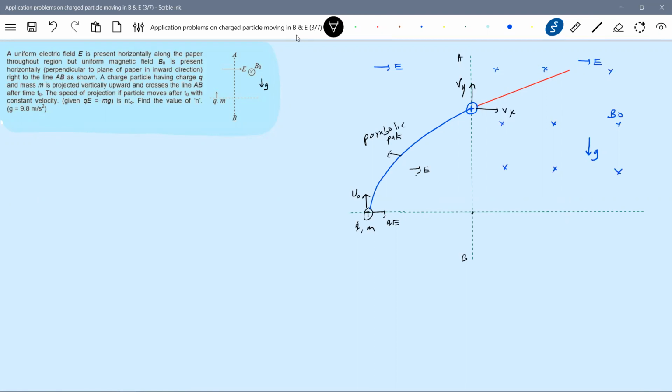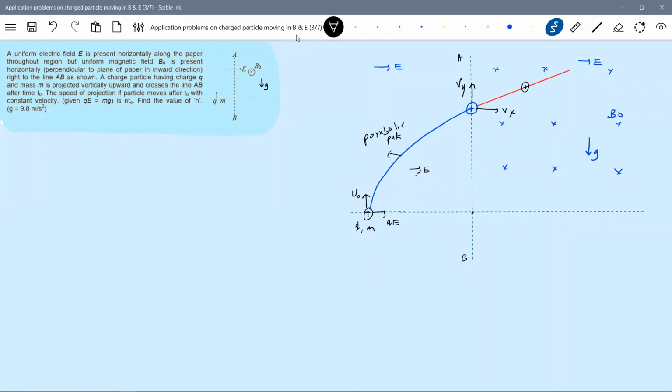For it to move in a straight line path, the net force along X and along Y should be 0. Okay, let's focus more on this particular thing.